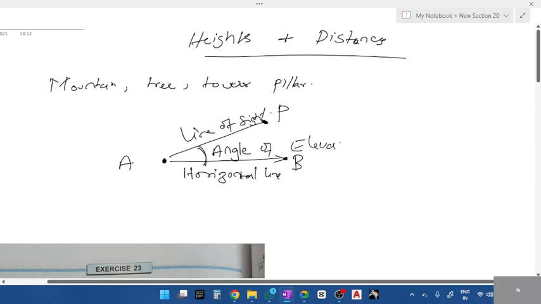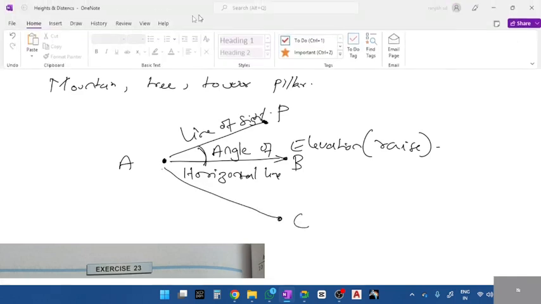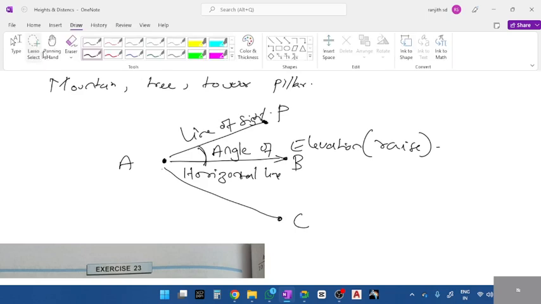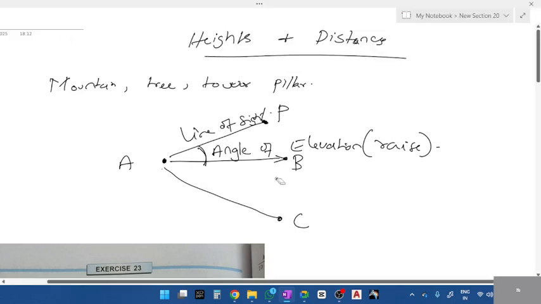To elevate is to rise. You raise your head and look at the point which is above. Some point you're looking down below, from A, there is another point C. This is known as angle of depression, when you're looking down. Okay, angle of elevation and angle of depression. Just make a note of these two topics.